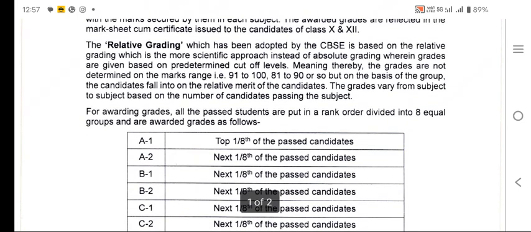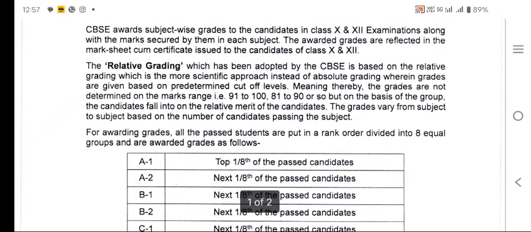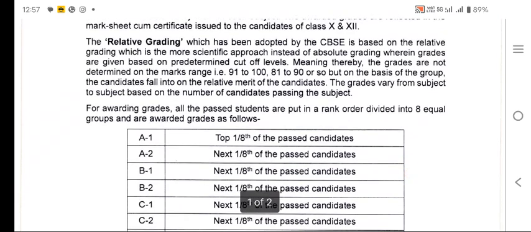So what is the relative grading? It is not the normal grading like ABCD or A1, B1 or other things. A relative grading system has been adopted by the CBSE, which is a more scientific approach instead of absolute grading, wherein grades are given based on a predetermined cutoff level.